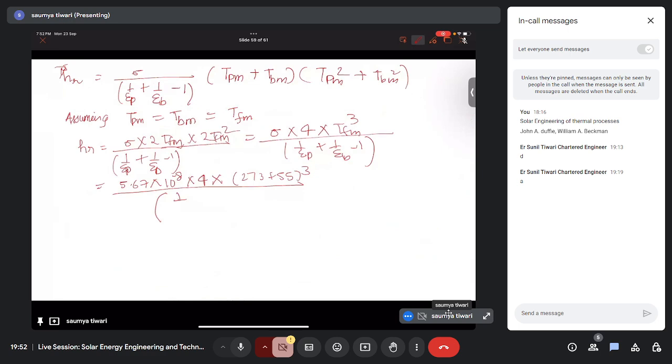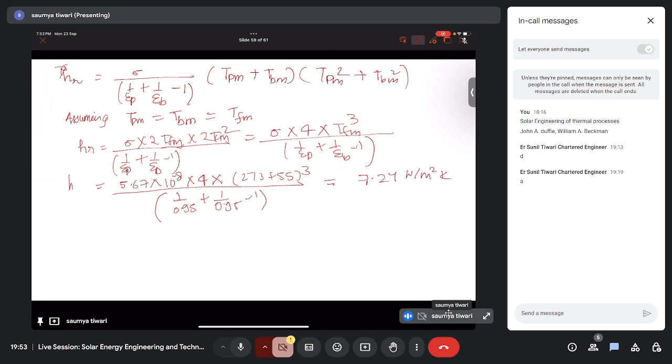So it will be 1 by 0.95 plus 1 by 0.95 minus 1. So I get the HR value to be, I think, 7.24 watt per meter square Kelvin.